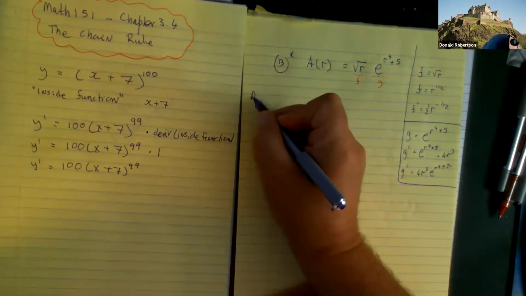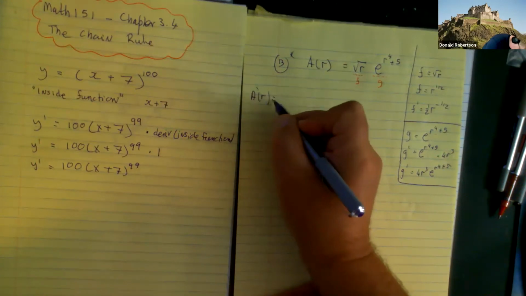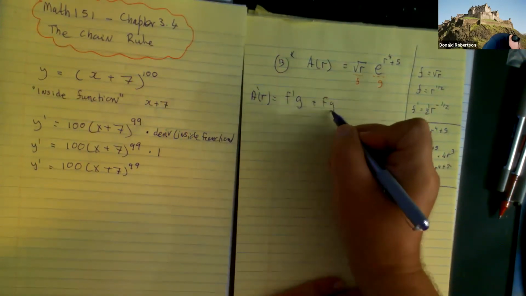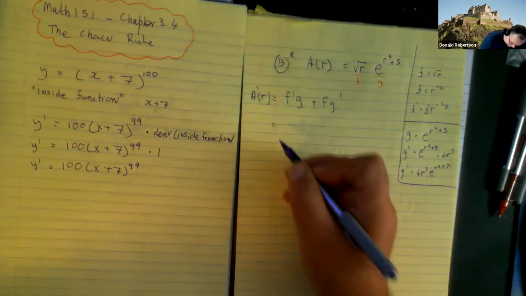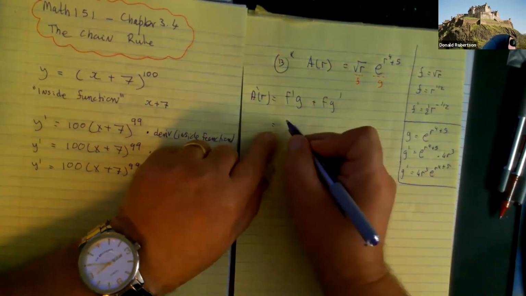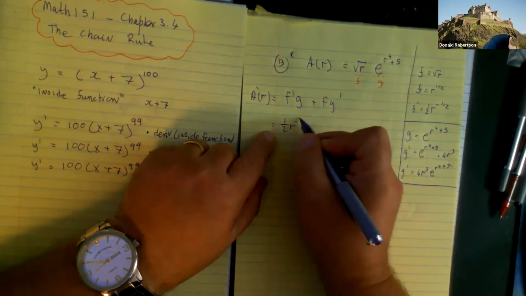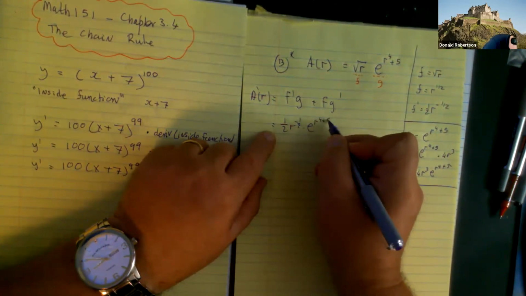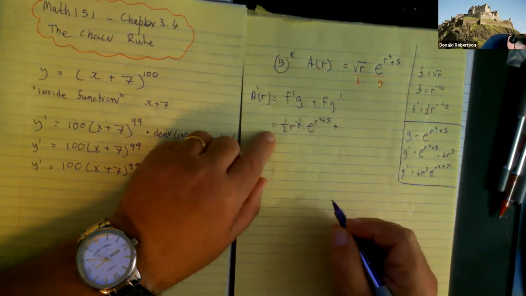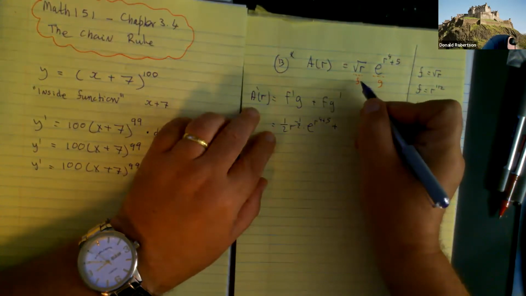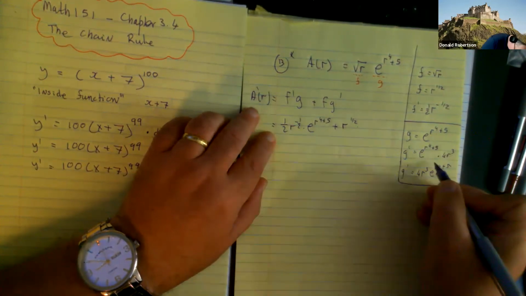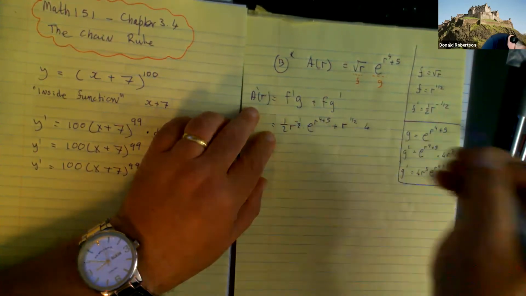Okay. Product rule, f dash g plus f g dashed. This fella times that guy plus this guy times that fella.